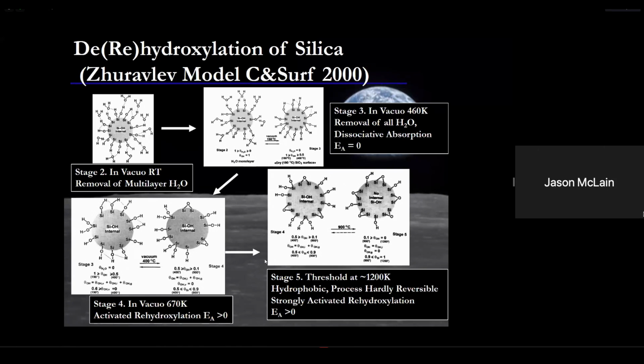If you take that one step further, then what you'll see here is that now the surface becomes hydrophobic. So the process is hardly reversible. It's so strongly activated that I took a sample of this silica, which we heated to this, and boiled it in water, and I could not get any IR signature of OH.